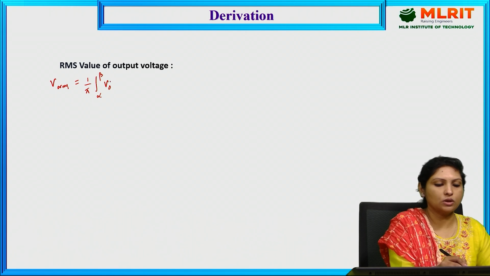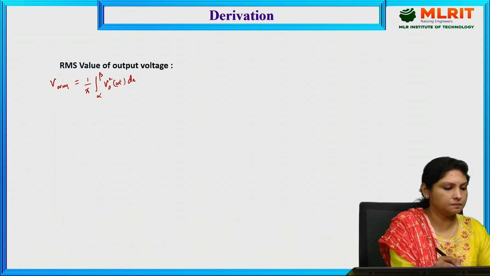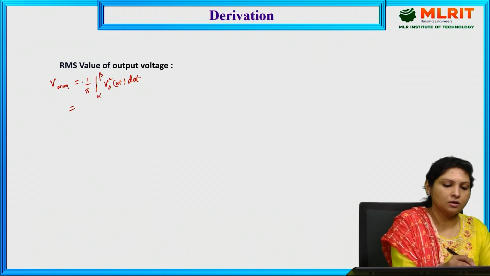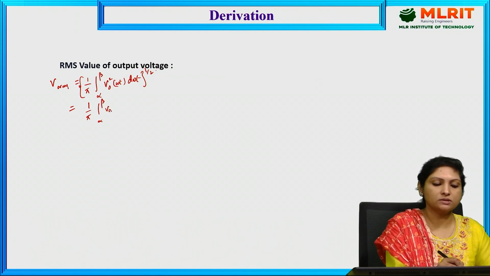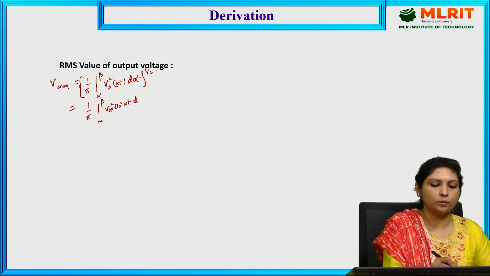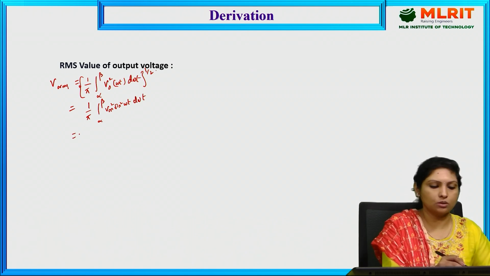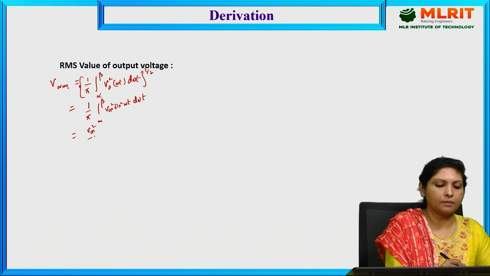So V0 RMS is 1 by pi, integral from alpha to beta of V0 square d omega t, whole to the power of 1 by 2, where V0 is Vm sine omega t. Vm square is constant, bringing it out, Vm square by pi.